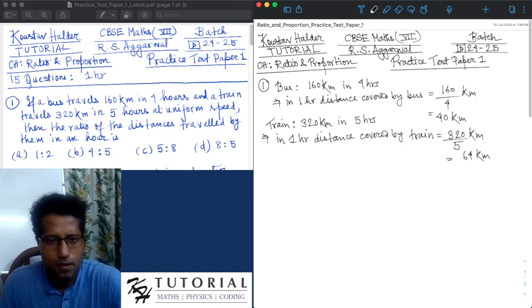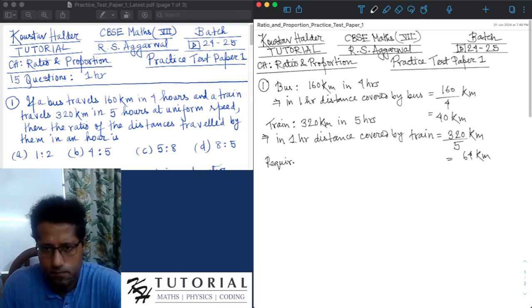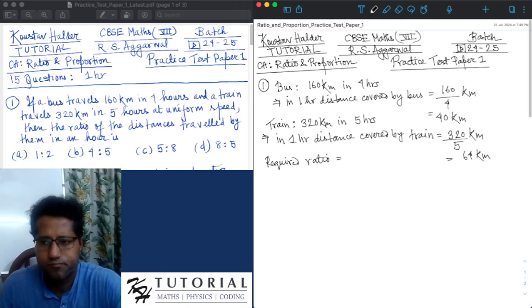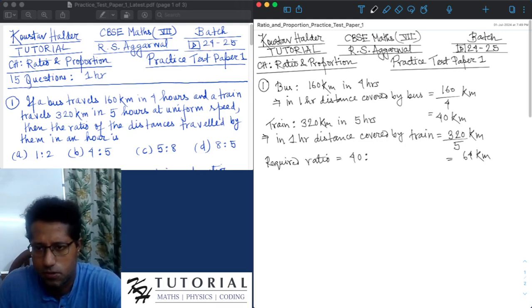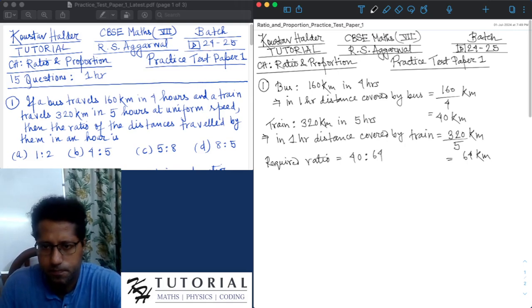So now it has asked the ratio of the distances traveled by them in an hour. So required ratio will be equal to 40, because 40 kilometer is traveled by the bus in an hour, and 64 kilometer is traveled by the train in an hour. So 40 is to 64 will be the ratio.